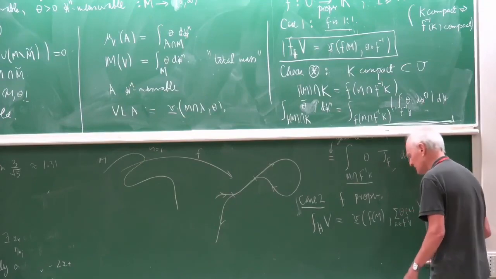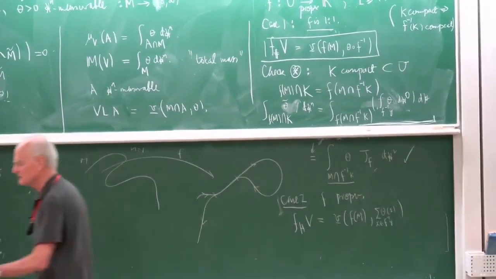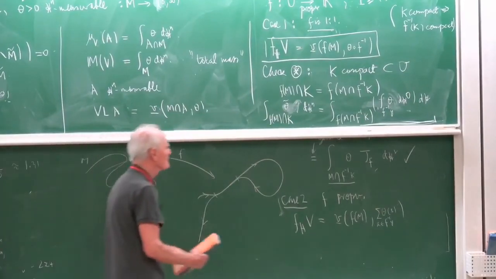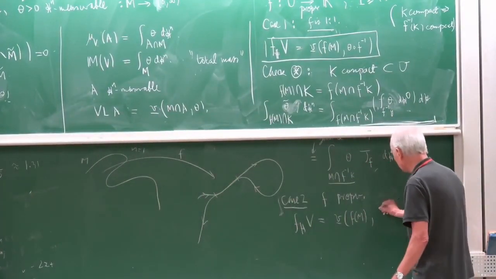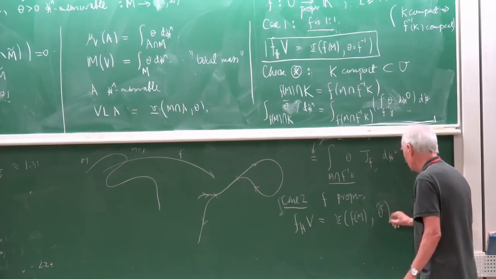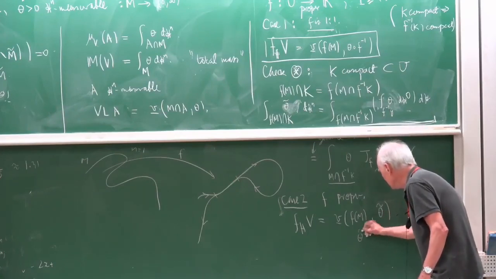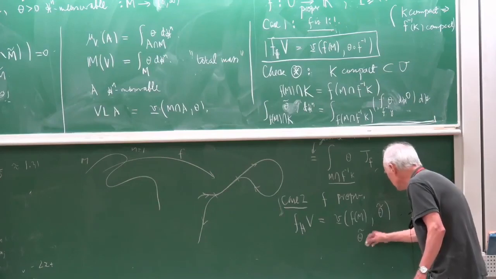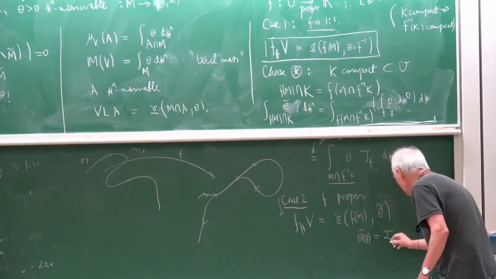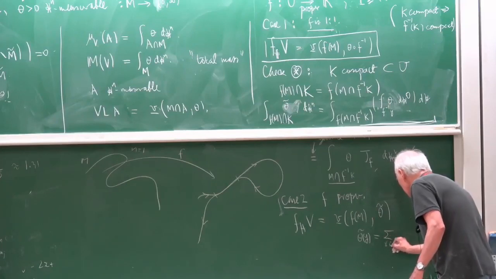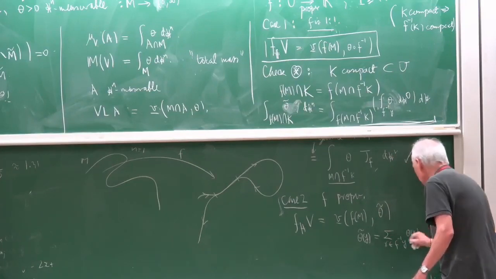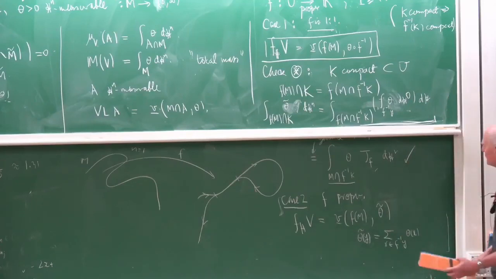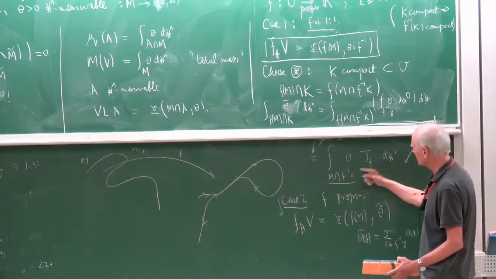So this should be theta tilde, where theta tilde at a point y is equal to the sum over x in f to the minus 1 y of theta x. Now that's exactly the thing that appears in the area formula.